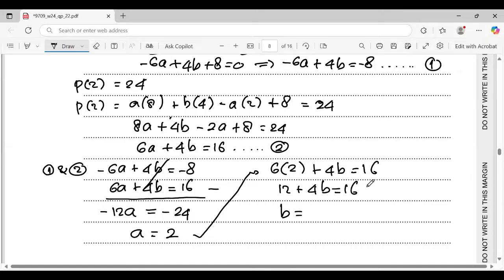So b equals 16 minus 12, which is 4, divided by 4 equals 1. So a equals 2 and b equals 1.